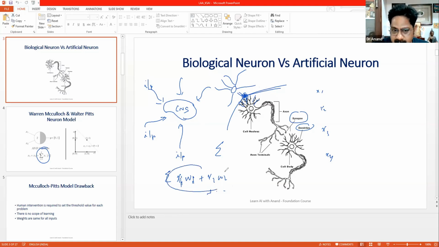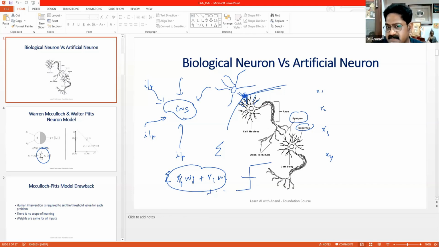Because you get a summing point, mathematically that is modeled in the form of a threshold function. Earlier, it was modeled like a hard limit threshold function, just on and off. But later, scientists understood that it feeds the information partially, like 80%, 60%, or 10%, 20%.